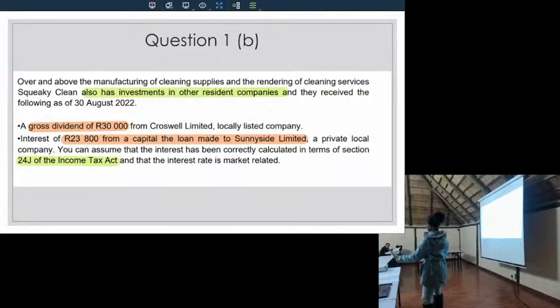If it's from the Republic, it would be a local dividend. You will account for it in terms of section 10(1)(k). Do you see? But if it's a foreign dividend, we account for its foreign dividend exemption in a different way, and we use section 10B to account for the dividend.